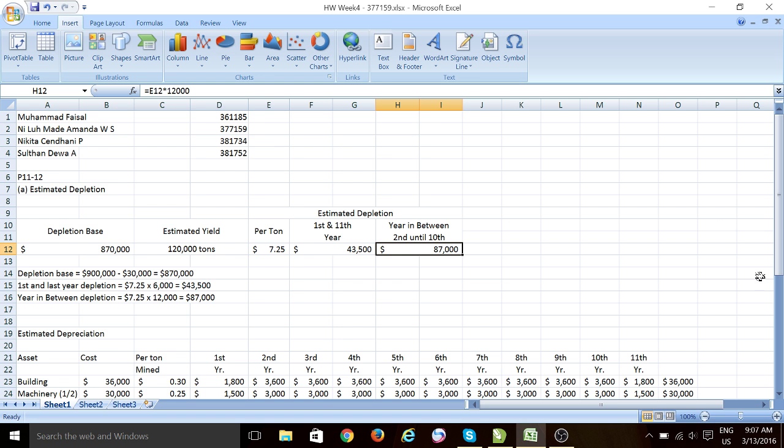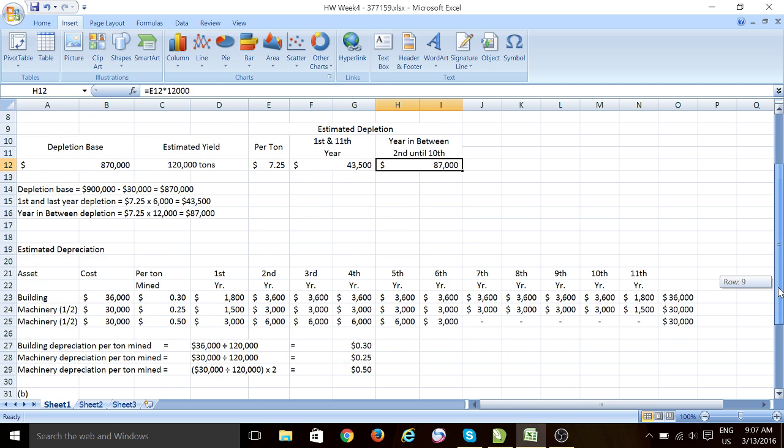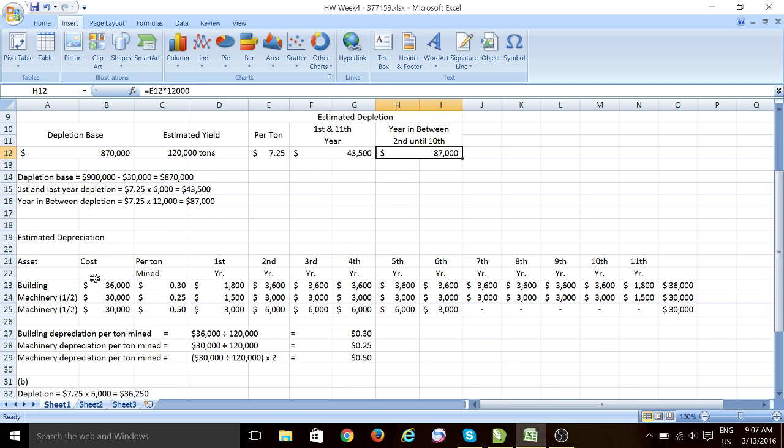Okay, so we are going to depreciate. From the second paragraph, we depreciate the building, machinery 1 and machinery 2. So the building, we know that the cost is 36,000 without residual values.